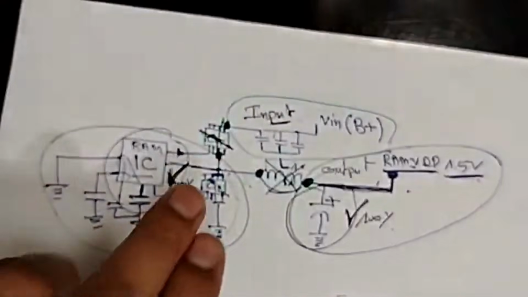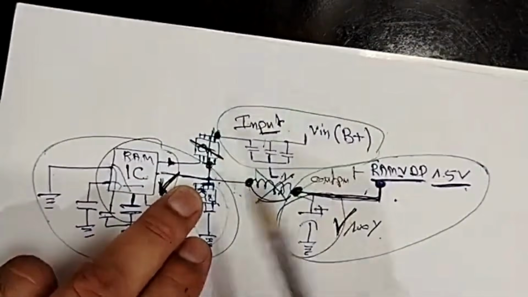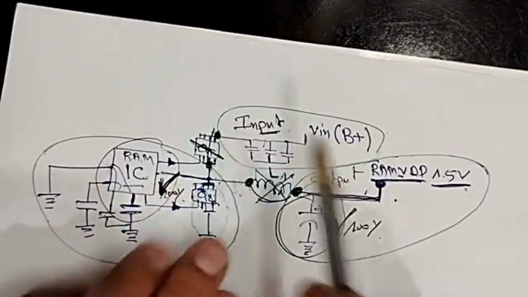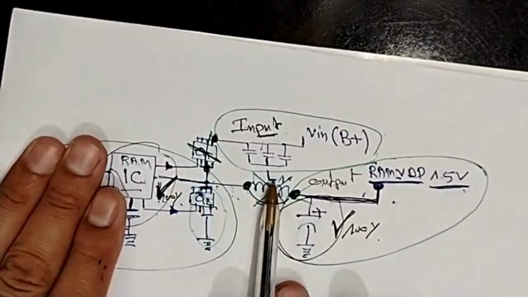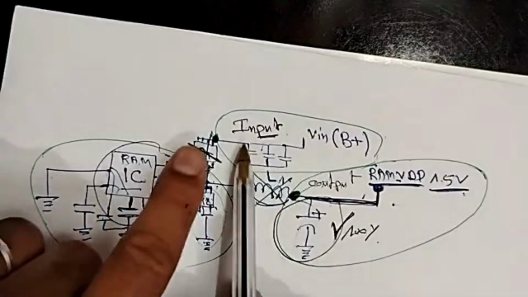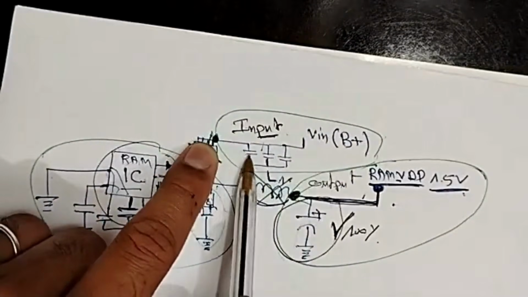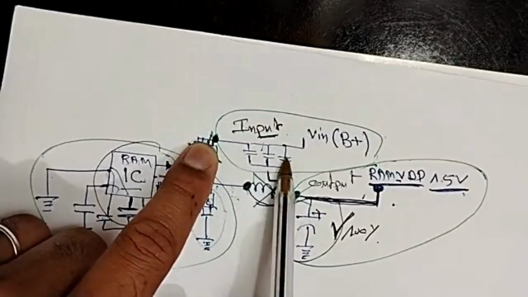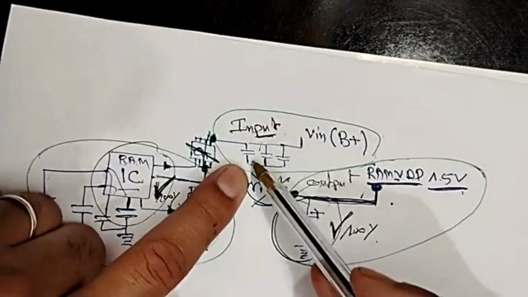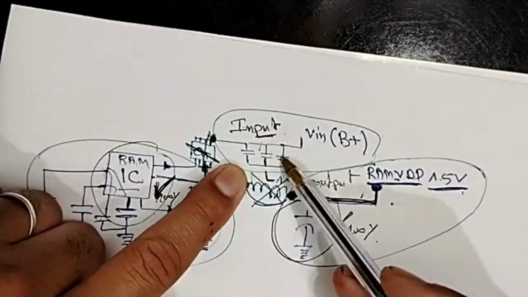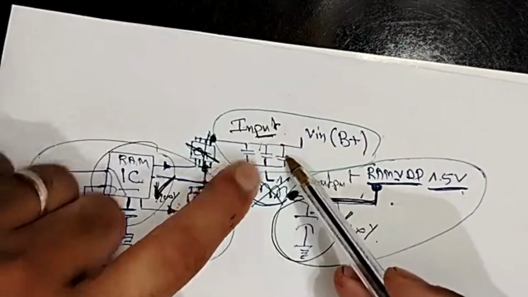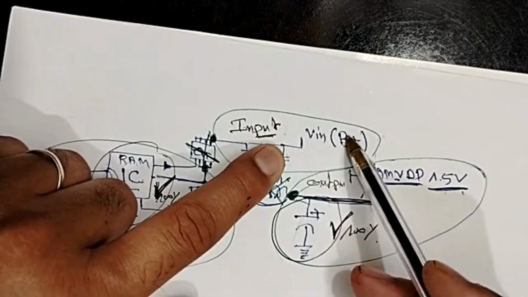Easy. But if you find the short on this side, meaning here we don't have a short, here we don't have a short, we have the short in B plus, in this circle, it means these capacitors in the input. If you check the capacitors in the input and you find them not shorted, go back to B plus.